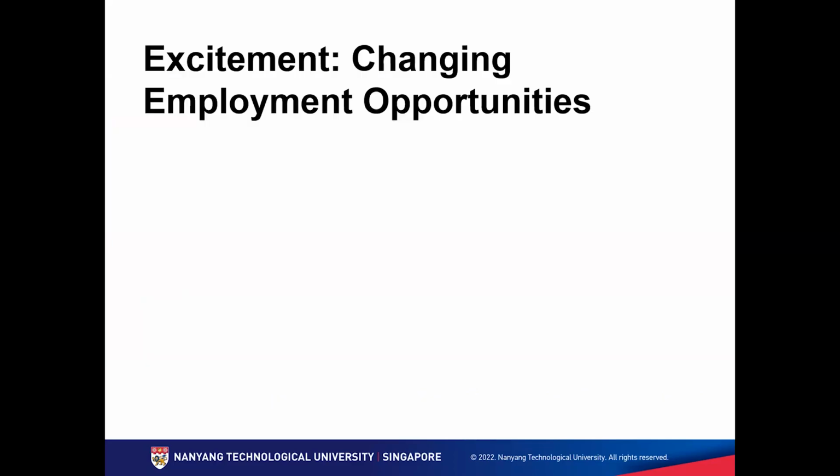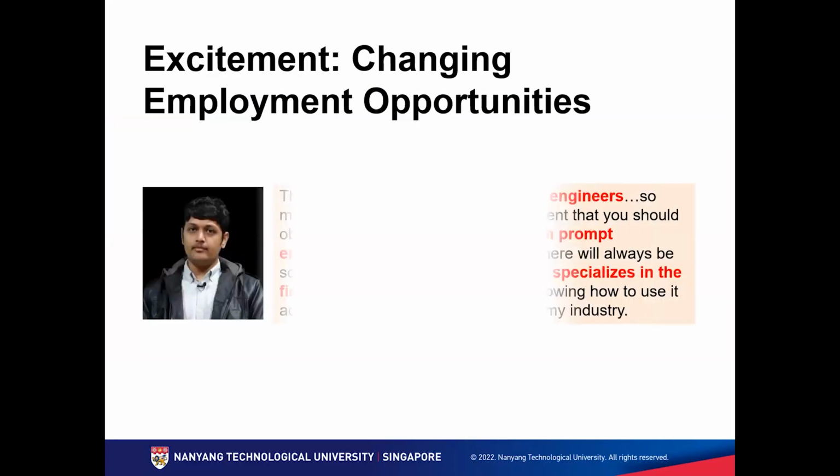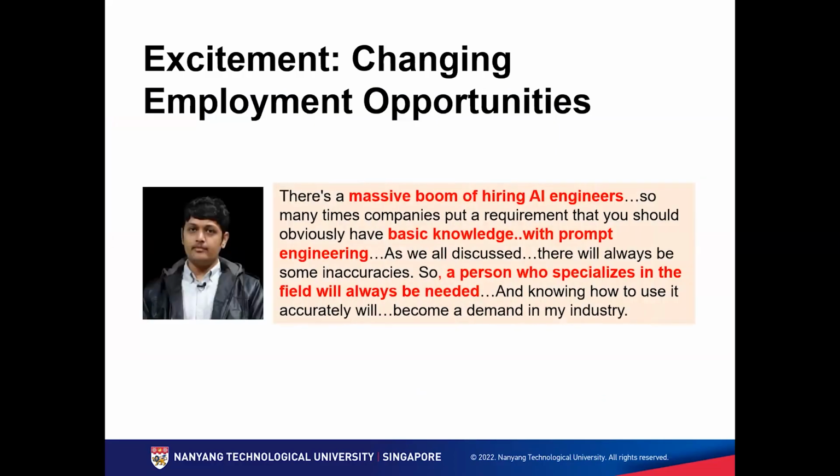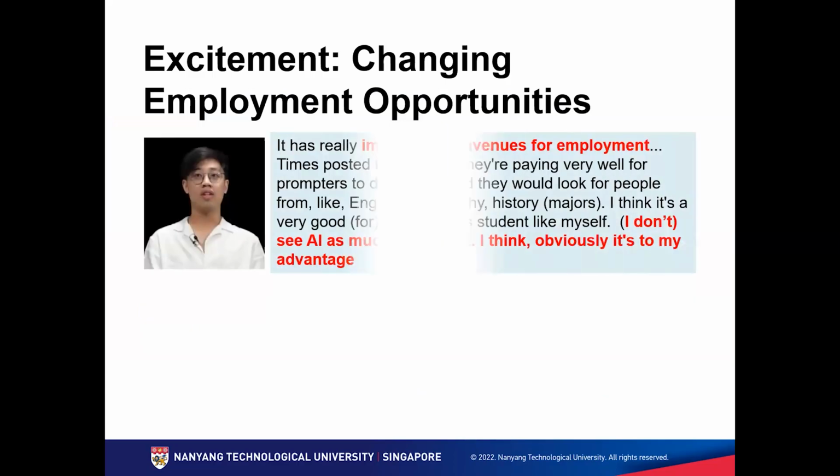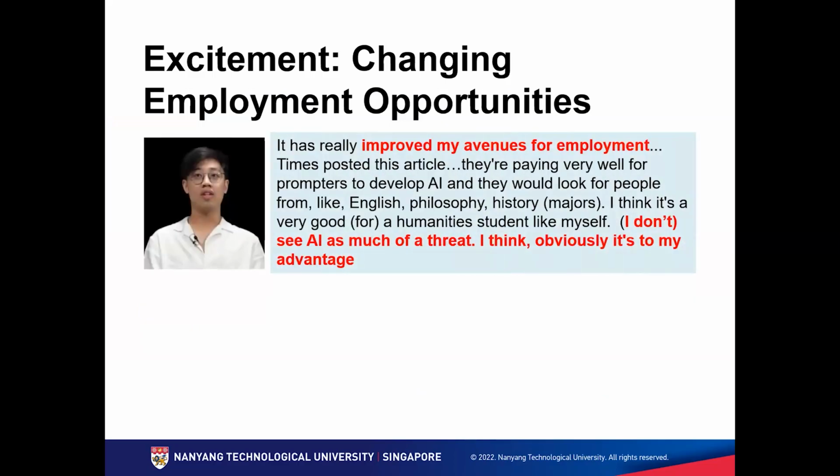While some students are apprehensive, there are others who are excited, like these engineering students who know that humans are still needed to keep AI in check, and to do so, you must have a very deep knowledge of your field. And then this humanities student, he said that he sees an opportunity in the area of prompt engineering, though I'll probably alert him that the current discussion on prompt engineering is that it's only for the near future.